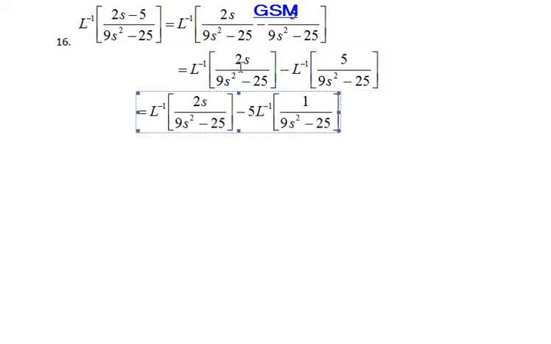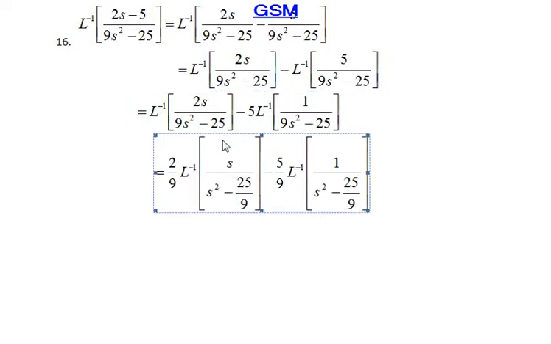The next step, we take out the constant 2 here and 5 here, the remaining 1 by 9s square minus 25. Here we get 2, L inverse of s by 9s square minus 25.